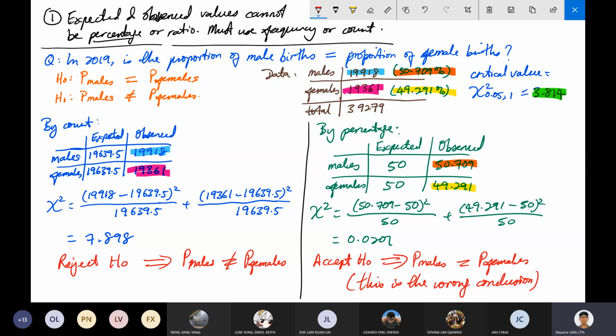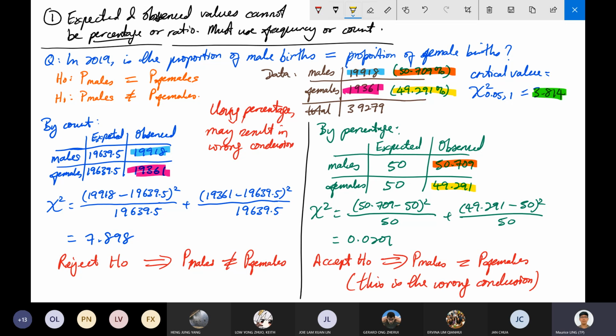Which is why it's very important to note that using percentage may result in wrong conclusion.